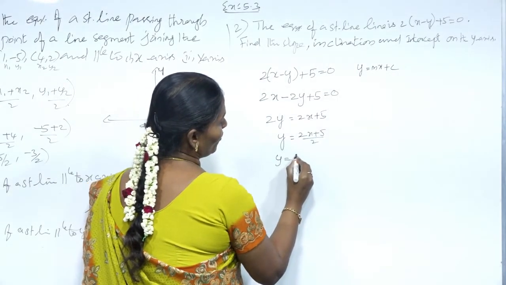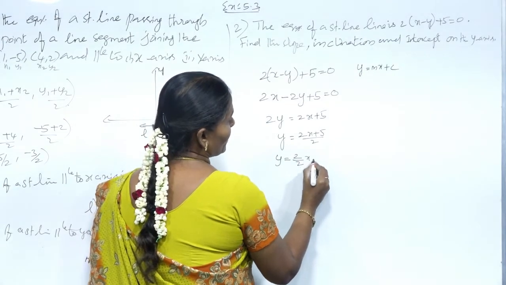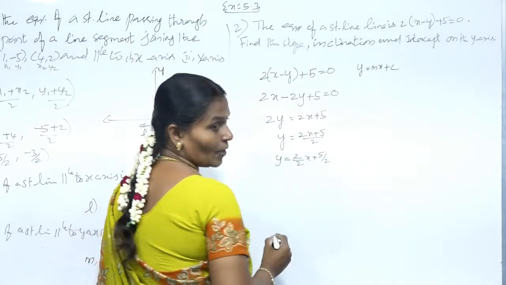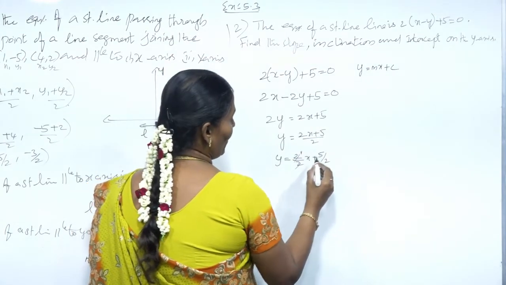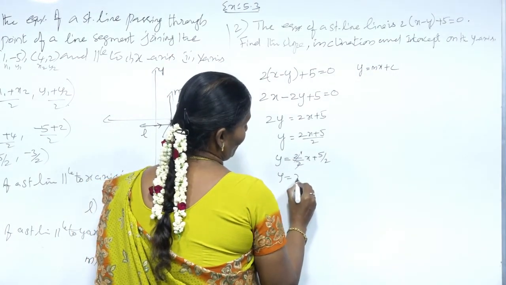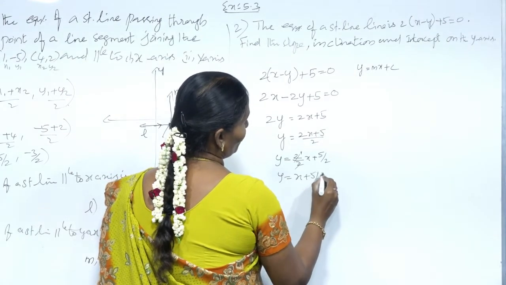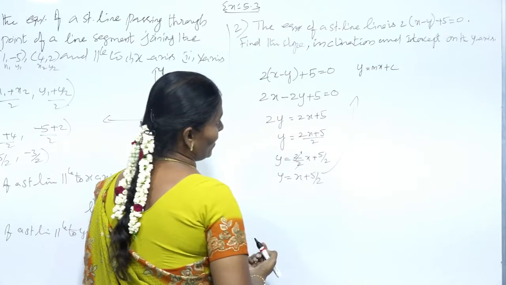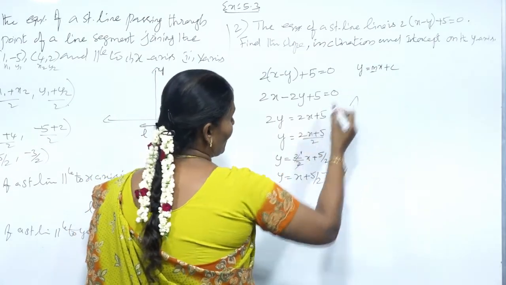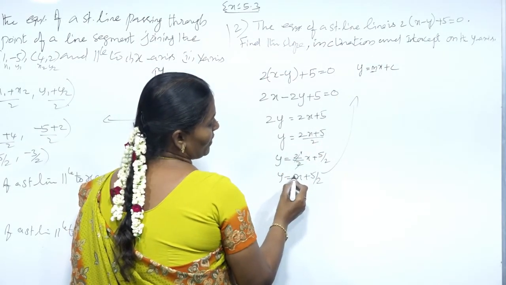Then y is equal to 2 by 2 x plus 5 by 2. Here 2 cancel. So now compare this, y is equal to x plus 5 by 2, to the general form y is equal to mx plus c. Here what is the m? The coefficient of x is 1.